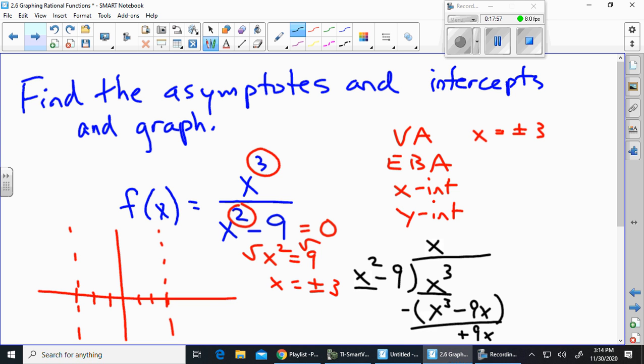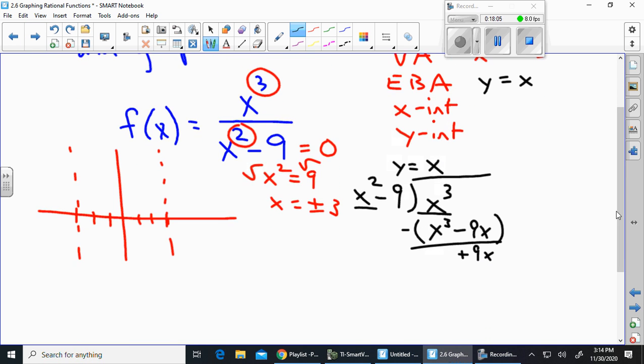You don't care about the remainder. Your end behavior asymptote is y equals x. Well, that's a diagonal line. So it has a slope of 1, a y-intercept of 0. So you got to think you're going up 1 over 1, up 1 over 1. And if I draw that, my end behavior asymptote is a slanted line.